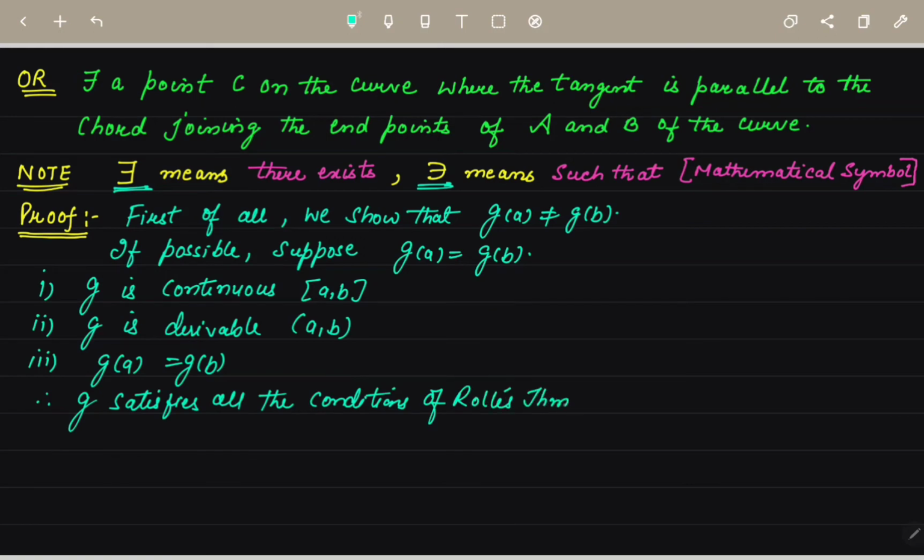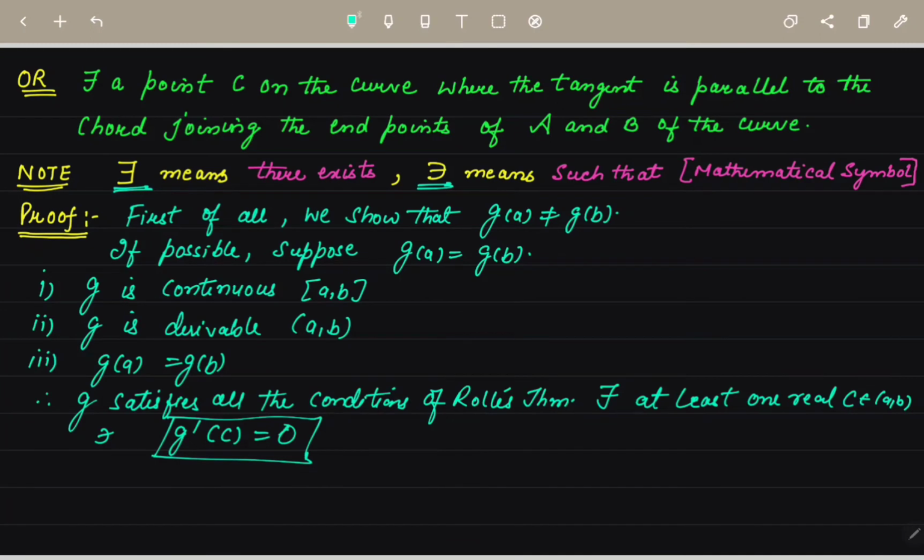So what happens? Therefore there exists at least one real number c in the open interval (a, b) such that g'(c) is equal to 0. This is from Rolle's theorem.